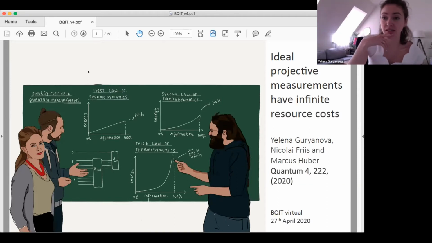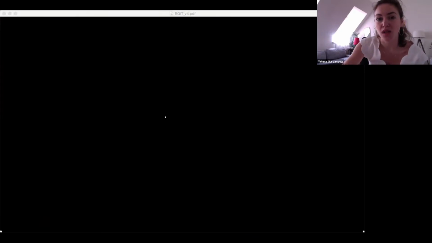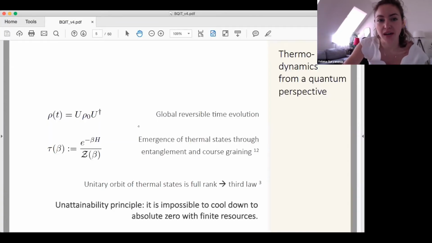Sorry, I need to interrupt you. I'm really sorry. I think your slides aren't scrolling through. We can see the window for your introductory slide, but we haven't seen them scrolling through. Okay. Now something has changed. Do you see the slide now? Yeah, we can see the thermodynamics from a quantum perspective slide.